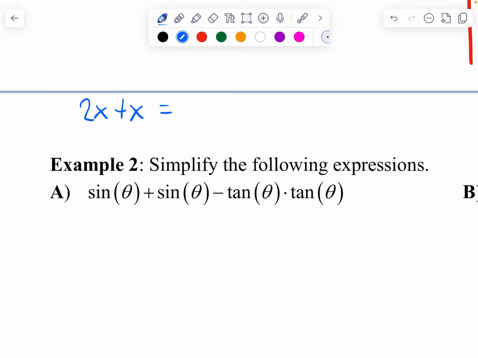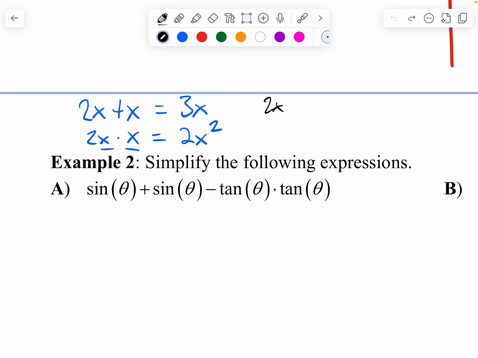If I have 2x plus y, can those combine? No, because they're not like terms. One has x's, the other is y, right? If it's 2x times y, can we combine those? Technically, it's just 2xy. You can just write them all together, but nothing actually combines and changes powers or coefficients, right? There you go.